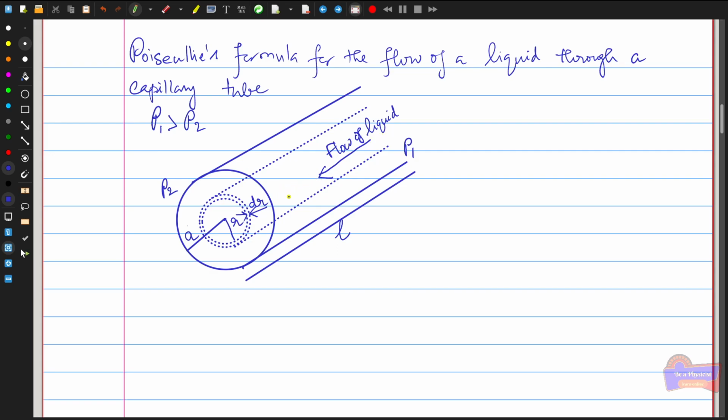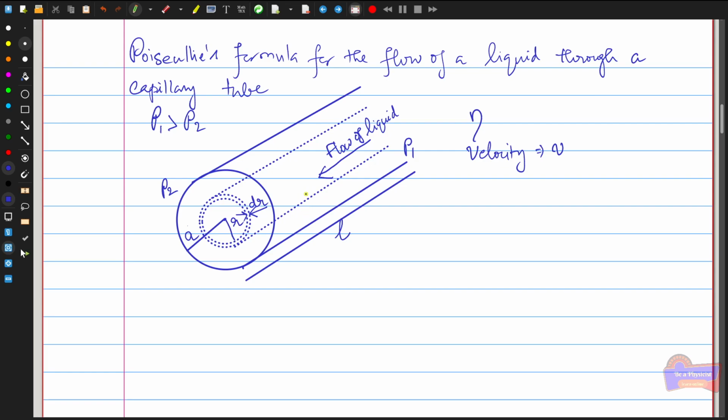So consider a steady flow of a liquid with eta as the coefficient of viscosity of the fluid flowing through this capillary tube. The velocity of the liquid is taken as v, which is maximum along the axis, and it goes to 0 towards the wall of the tube.